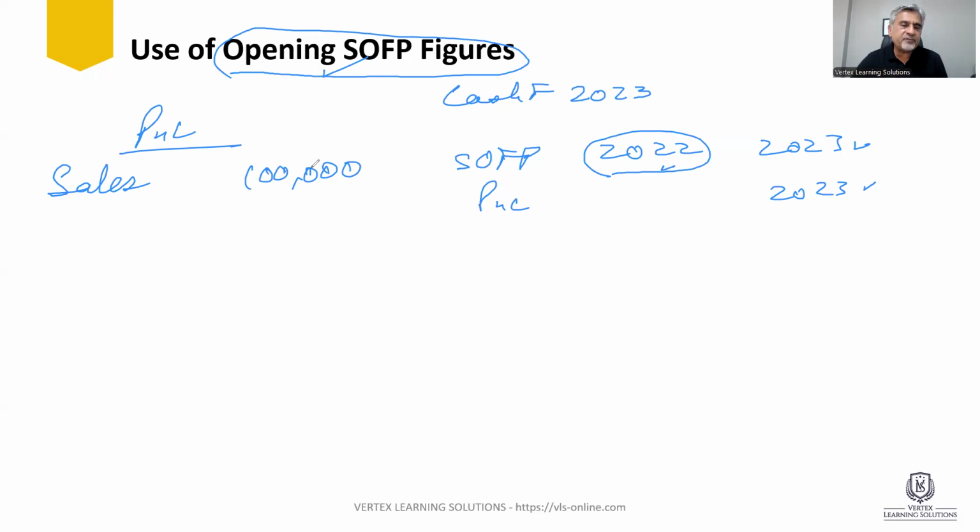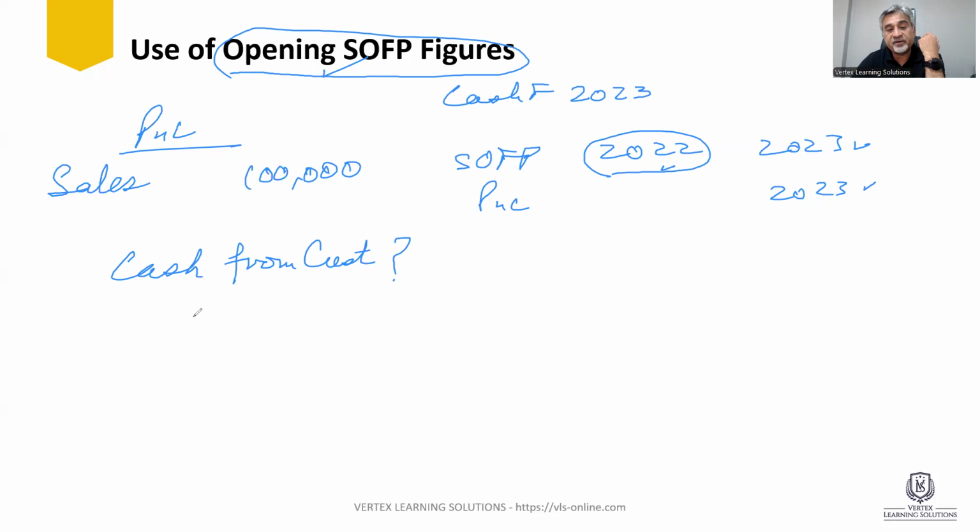How much cash have you received from your customers? You cannot tell me because the P&L says sales 100,000. You don't know how many customers have paid, how much they have paid, and so on. It is just a sales number. But I say cash received from customers, how much it is, I don't know.